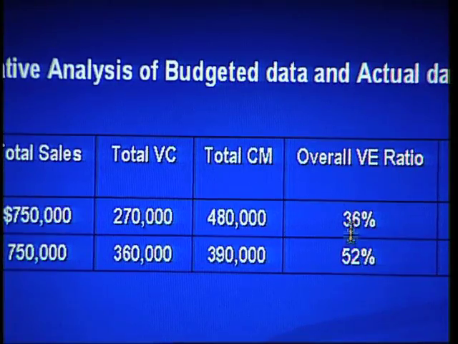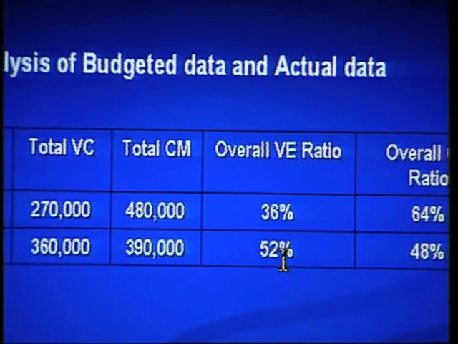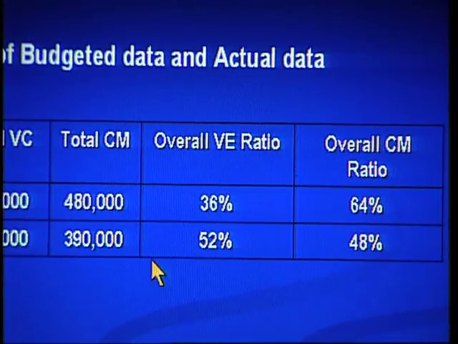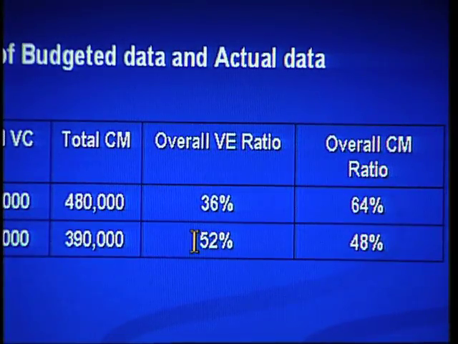The overall variable expense ratio has been increased from 36% to 52% as we compare the actual income statement with the budgeted income statement. And the overall contribution margin ratio for the organization as a whole has been decreased from 64% to 48%.